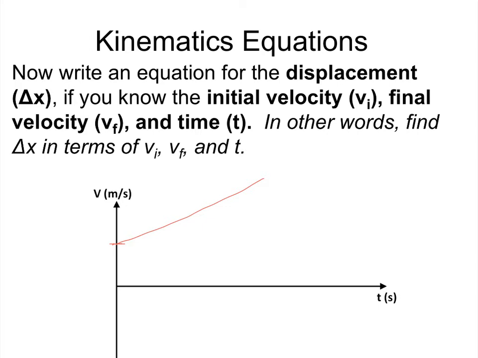So my initial velocity is going to be this right here. My final velocity, and I have to extend my graph a little, is going to be this right here, and I also know my time. So what I'm looking for is my displacement. So again, maybe pause the video and think about how you can find that displacement from this kind of graph.